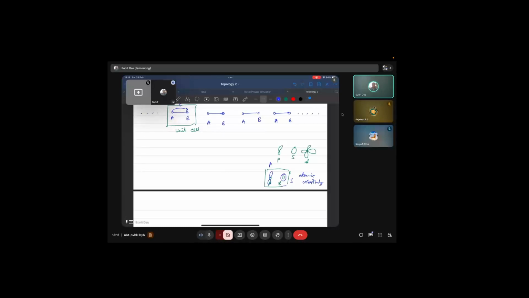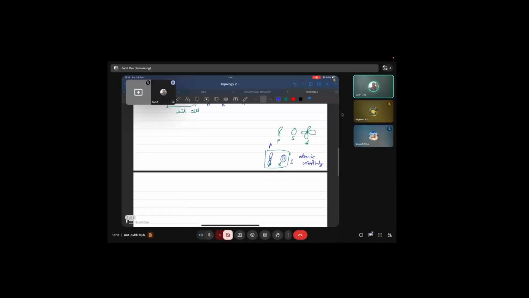As you have read in quantum mechanics, these atomic orbitals have some finite spread in real space, and then there is, of course, the atomic potential because of the nucleus and so on.